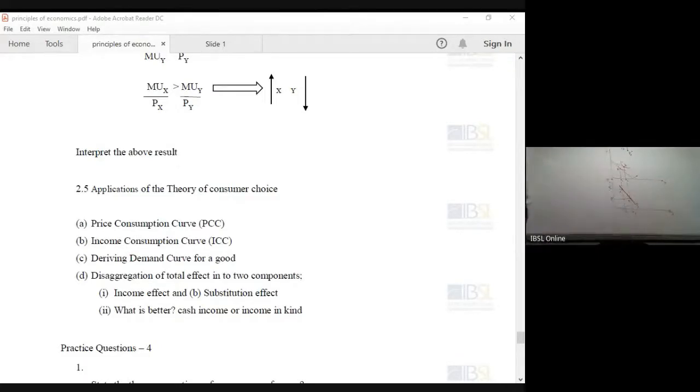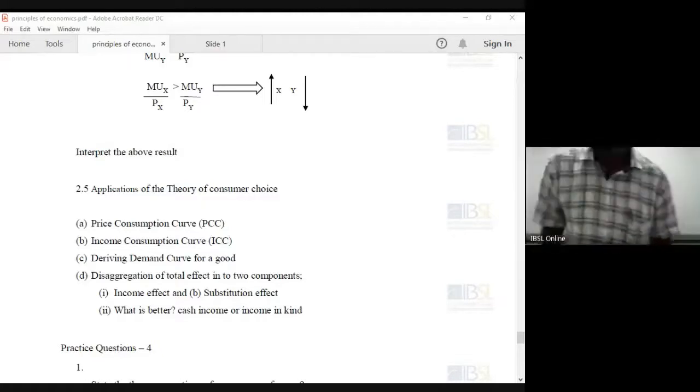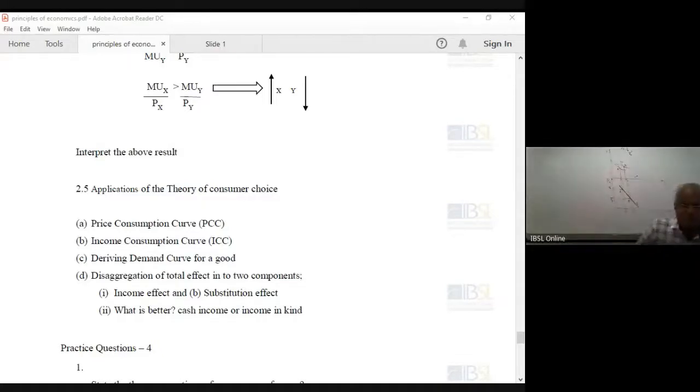That is interesting. Using this indifference curve and budget line framework, you can derive the demand curve. This is the demand curve for good X. Take down that.